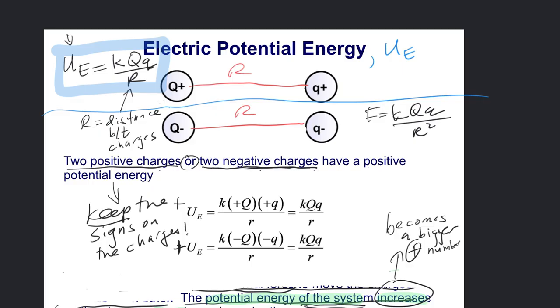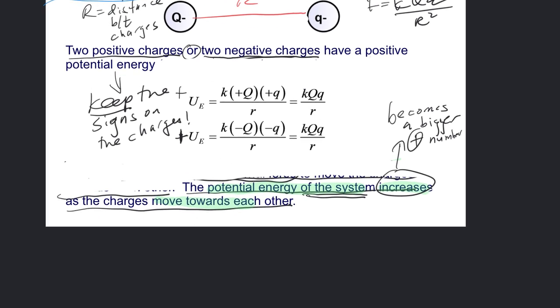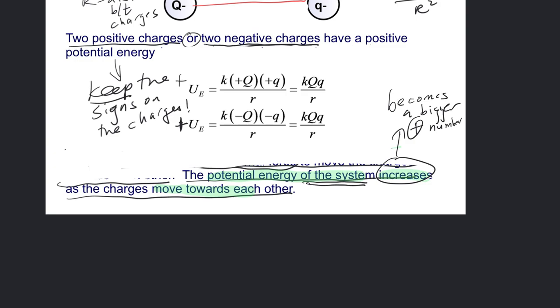Now as you move them closer together, the r gets smaller, and therefore the potential energy gets larger.